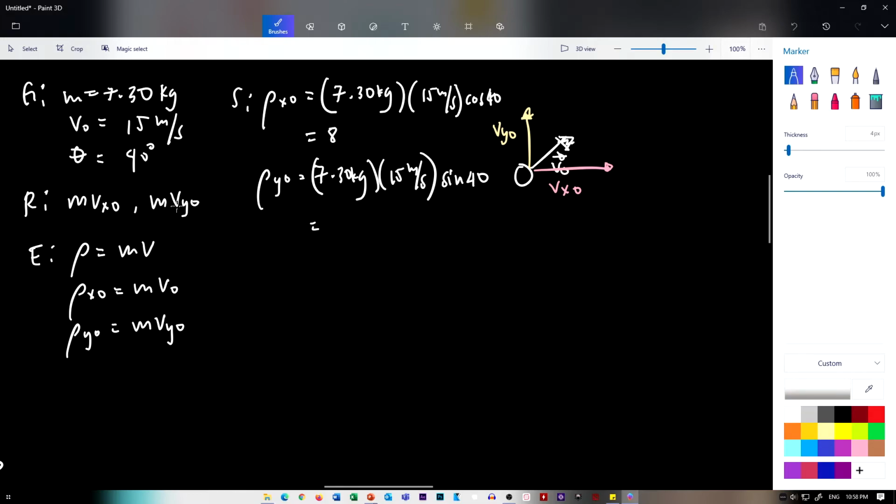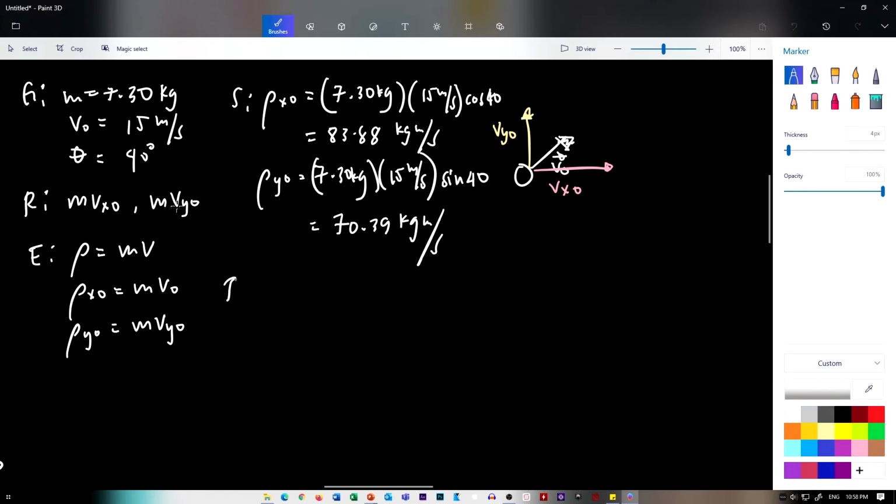Okay, so unit, of course, kilogram meter per second. And then for our sine, so that would be what? 70.13. Correct? 70.13 kilogram meter per second.